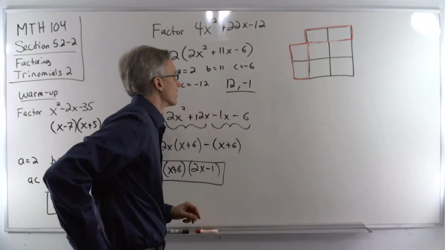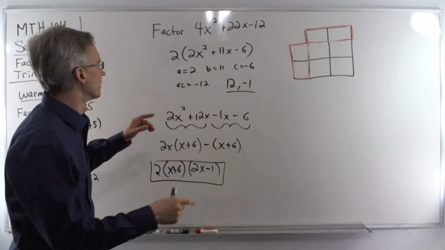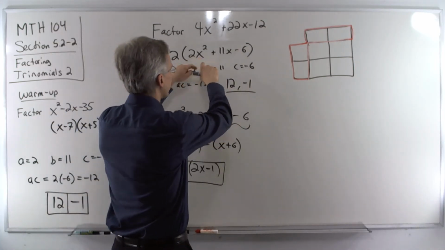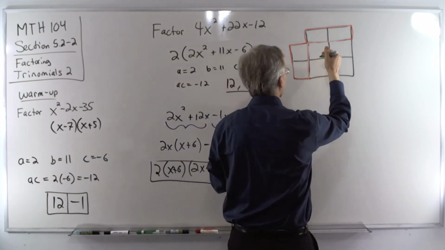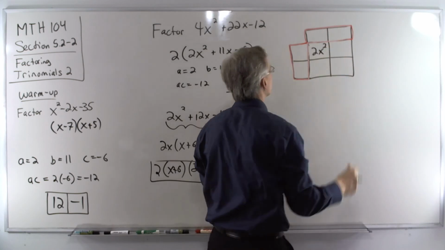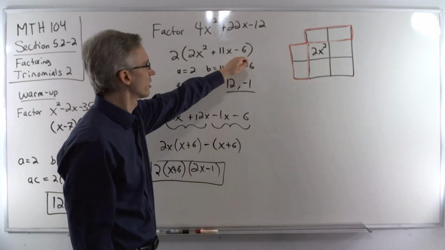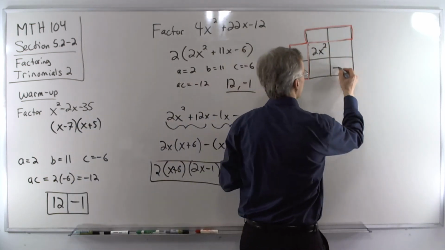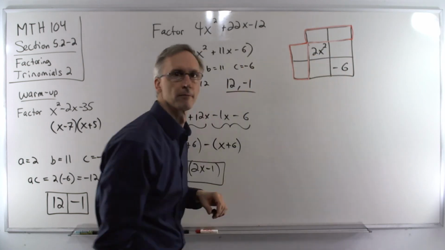All right, so box method, take your x squared term and put it in the upper left of the box. Ignore the flaps. All right, now we take our constant term, lower right. Those two always go there.